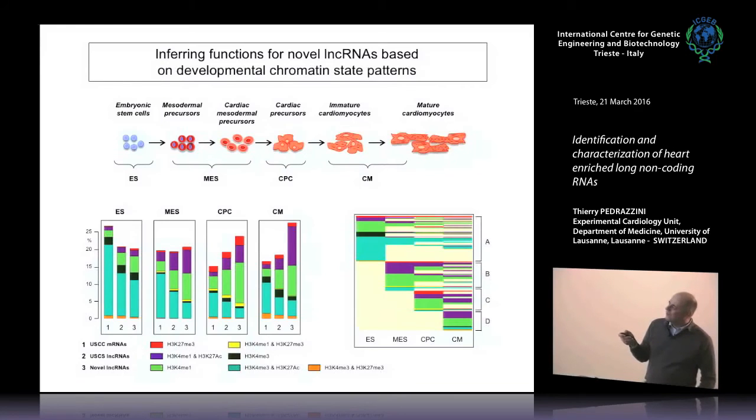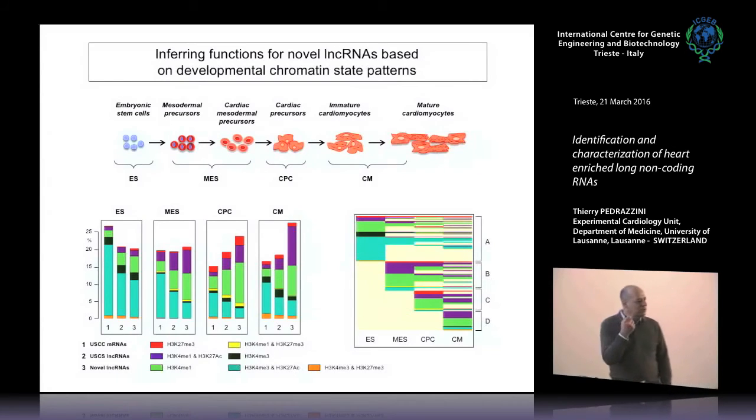Again, if you consider this purple block here, the novel long non-coding RNAs are closely associated with enhancers that are active, particularly at the mesoderm, cardiac precursor, and cardiomyocyte stages.